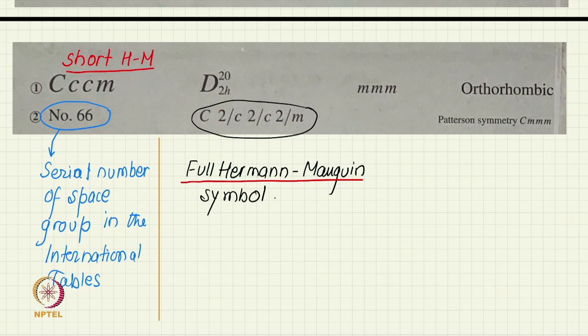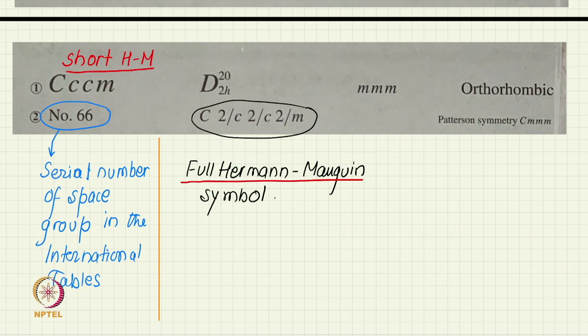So, here you have more details. There you only know that there are glide planes C, C and a mirror plane M. Here you know that the glide planes and mirror planes all are perpendicular to the corresponding two-fold axes. We will go into those details in a subsequent video.